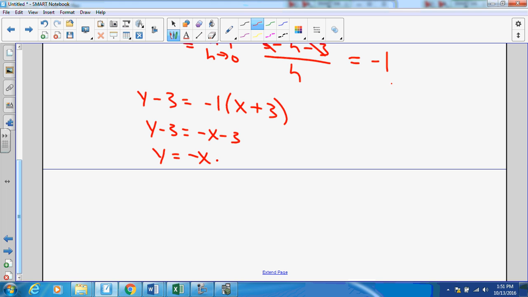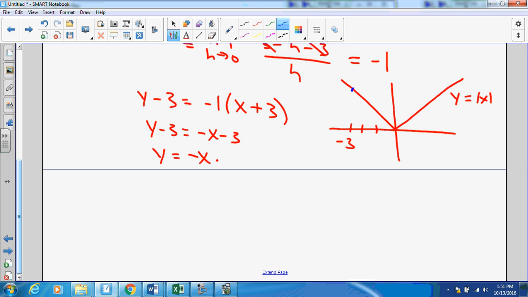And what's interesting about this is that when we look at the graph of the absolute value of x, and we go to the point x equals negative 3, and here's my point of tangency right here, and we draw the line y equals negative x, what do you see about that line compared to the graph of the function?